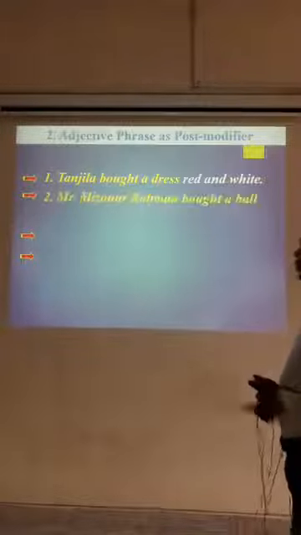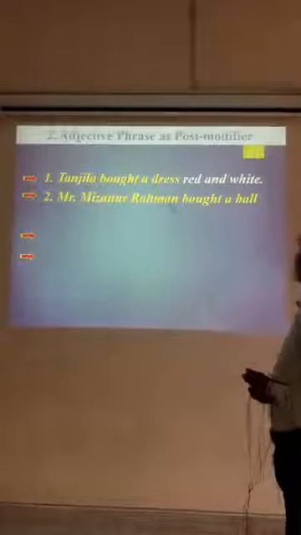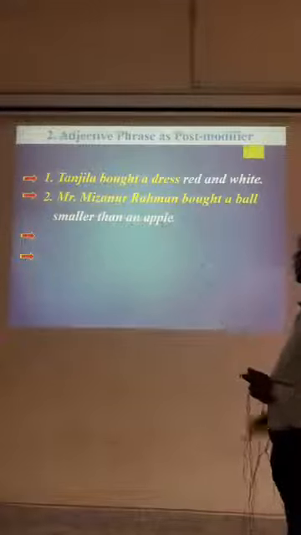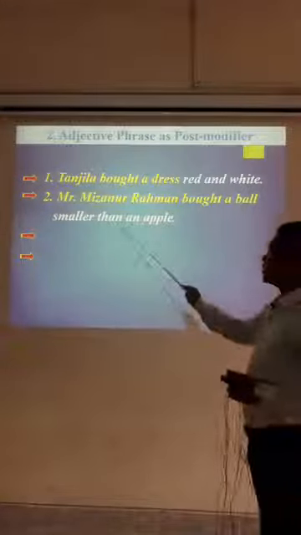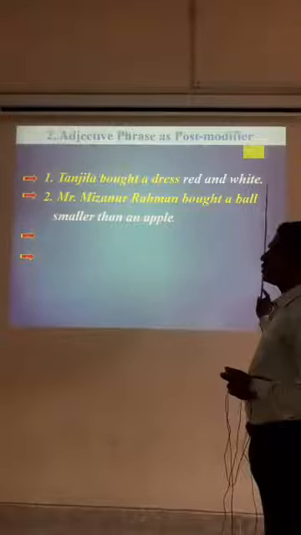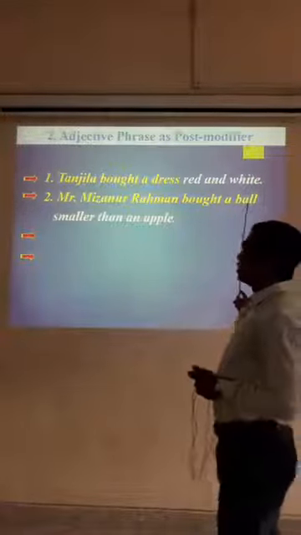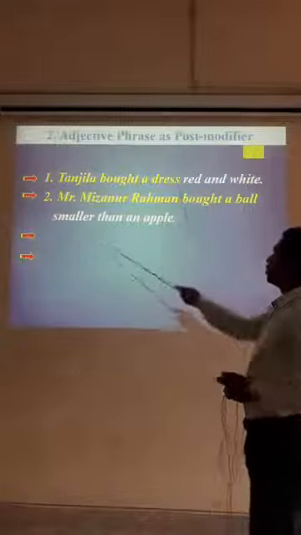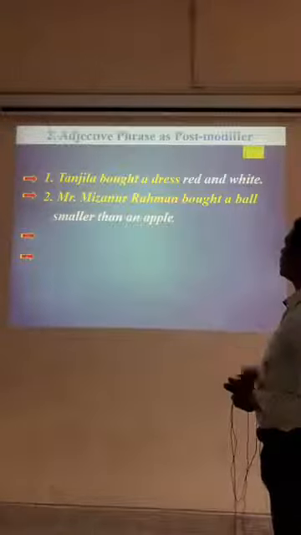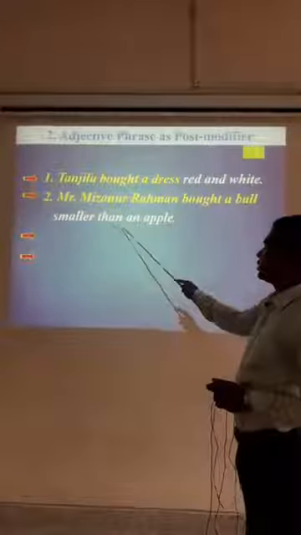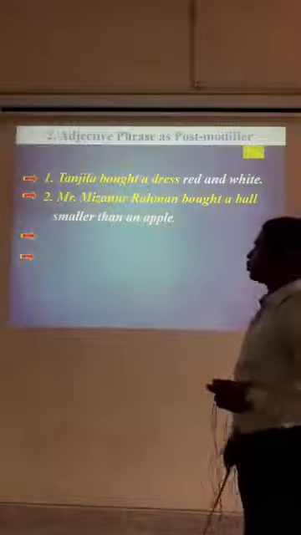Number 2, Mr. Mizanur Rahman bought a ball smaller than an apple. Smaller than an apple is a phrase that says something about the ball and indicates the ball, sitting after the ball. So this phrase acts as post modifier.